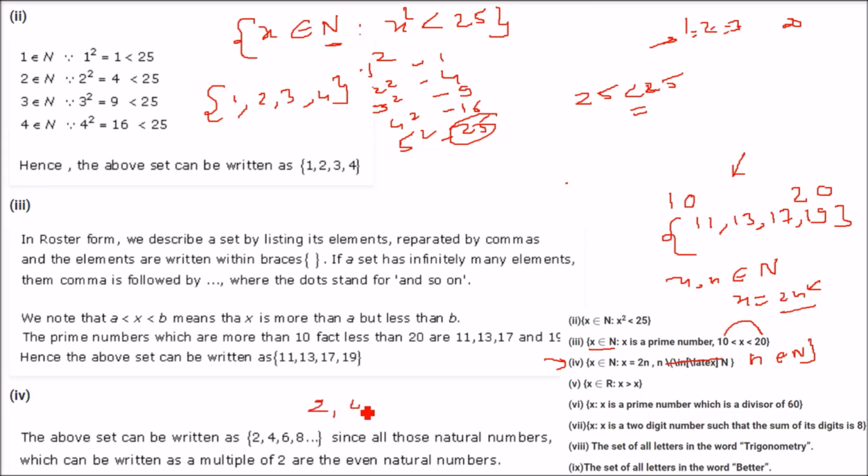So you have to start with 2, 4, 6, 8, and after writing four or five numbers, just write three dots. These three dots show that it is going to infinity.